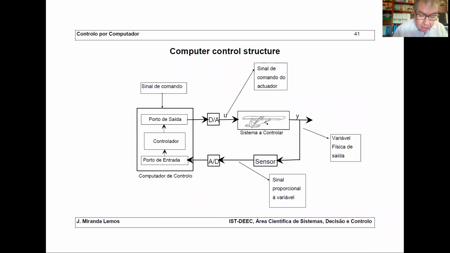The first part of the course will be about modeling in discrete time models. But before that, I would like to start this lecture by recalling a number of important notions from control, and also to explore a little bit some possibilities that are offered by the fact that you have a computer and you can write software to implement a control algorithm.